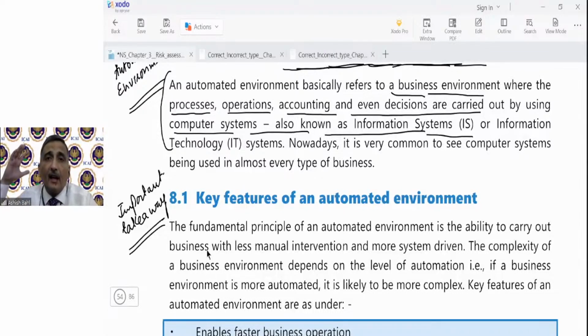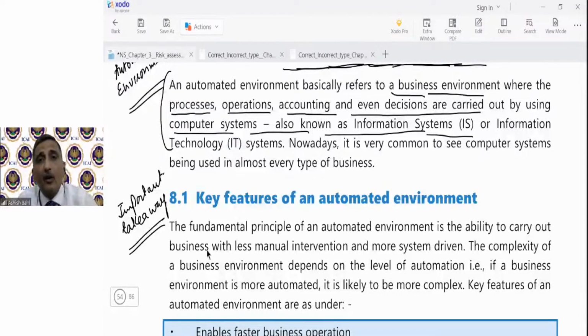Suppose there is some fault or error in executing a command, or in executing the formula for application of interest at the central office level, the head office level, then it is going to affect the whole bank. It would not be limited to one branch only. It would be affecting the whole bank.